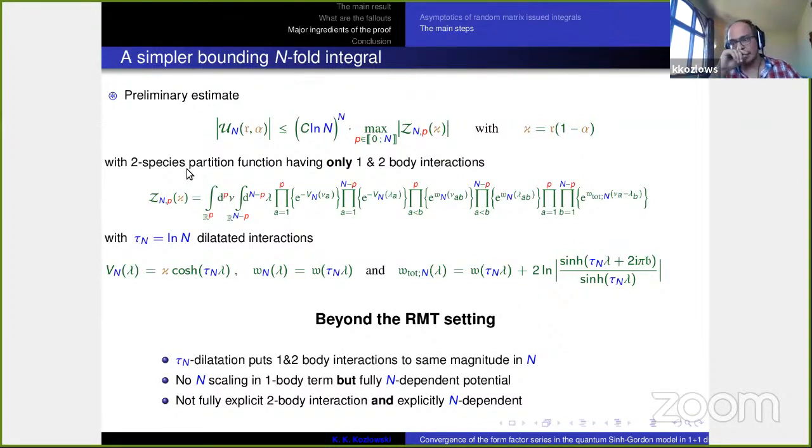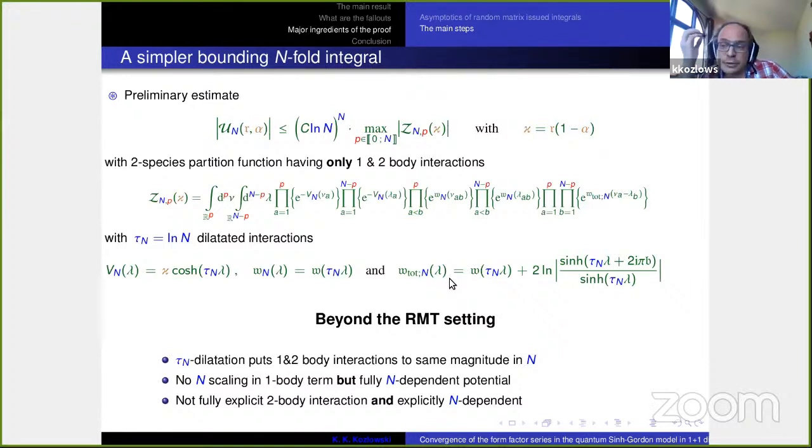You have two types of integration variables which are confined by some confining potentials. They have two-body interactions among each type of the integration variables and some interaction between the two types of the integration variables. This coupling between the variables is really due to the presence of this Kn function. So you have a closed expression for all these integrals.